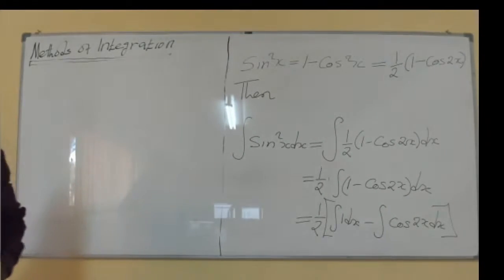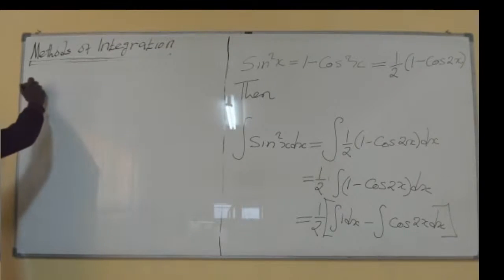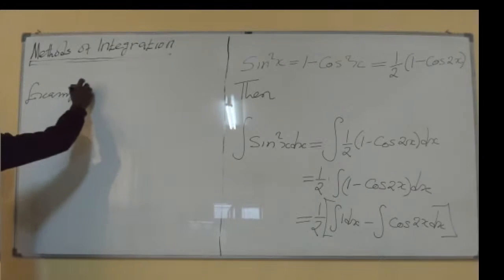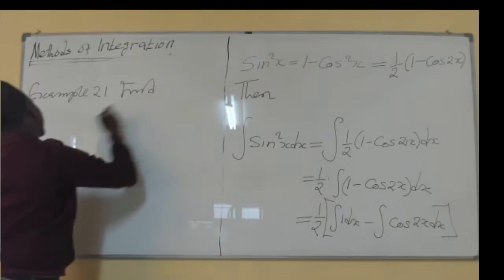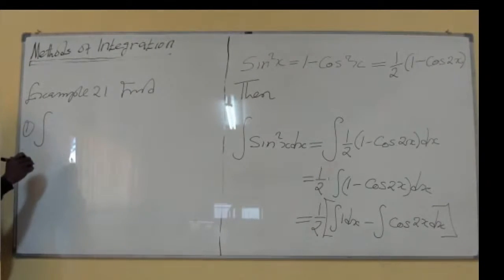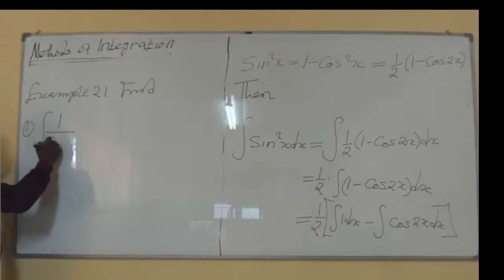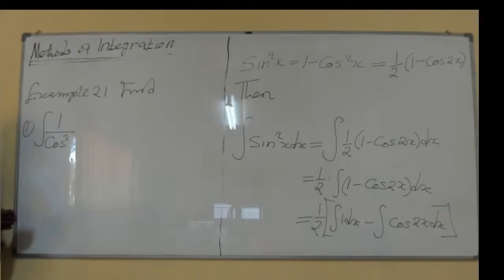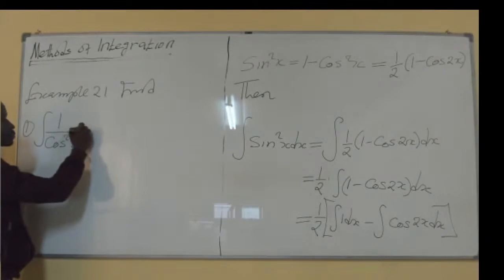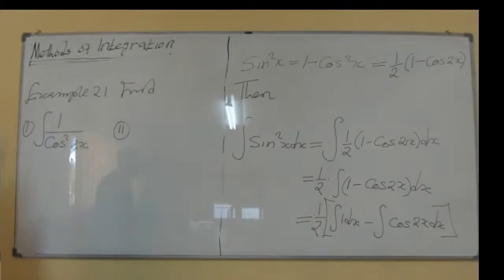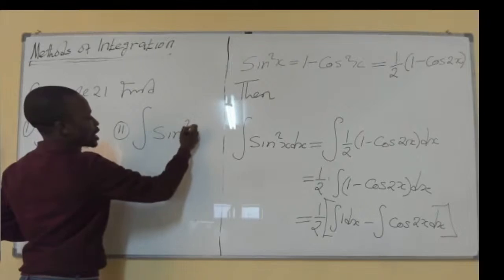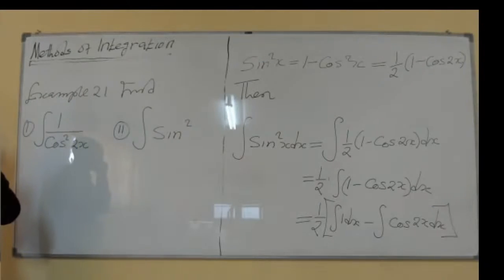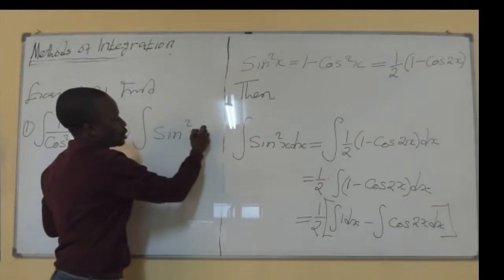So I'll just call it example 21, where they are asking us to find the integral of 1 over the cos squared of 2x. Number two, they're asking us to find the integral of sine squared of 3x.